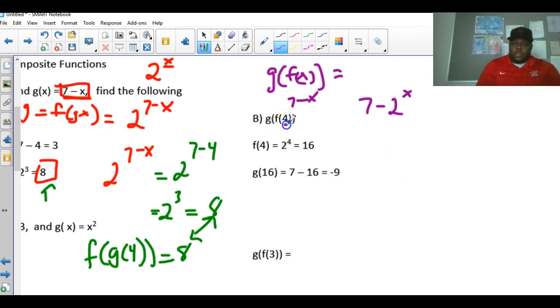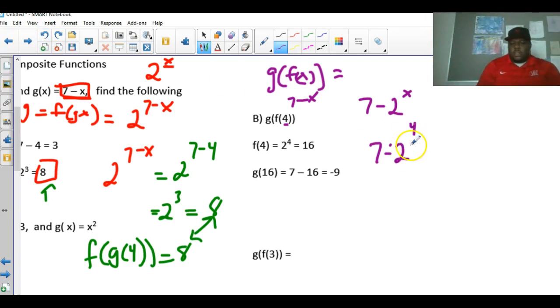Now we're evaluating for the number 4. So you have 7 minus 2 to the 4th. Just 2 to the 4th, not negative 2. Somebody wants to go, oh, it's negative 2. No, 2 to the 4th.